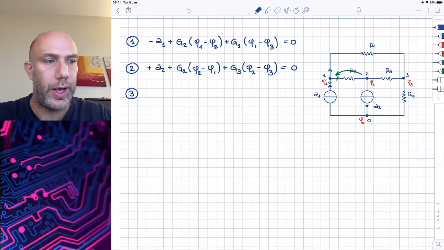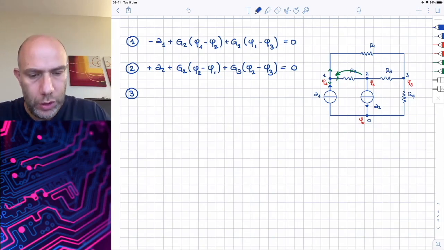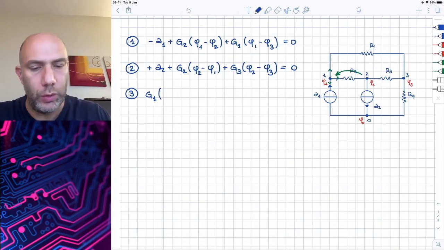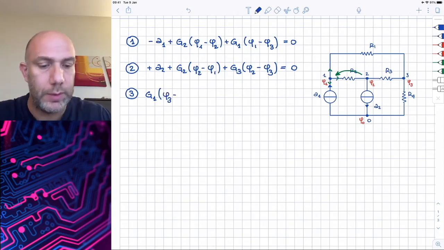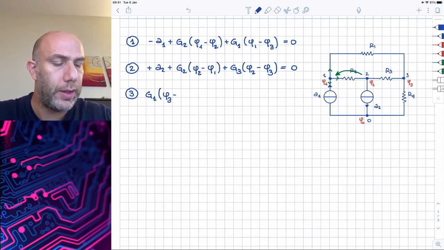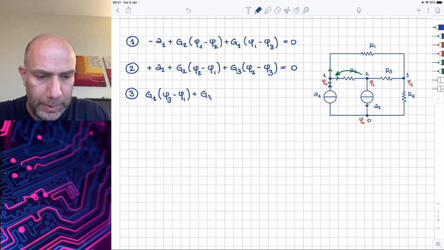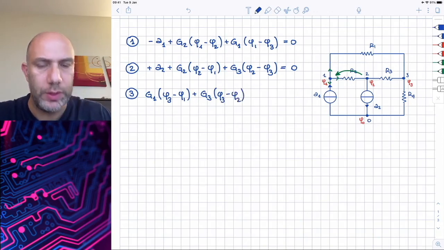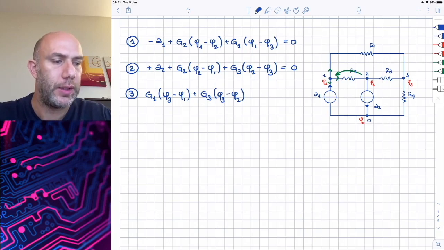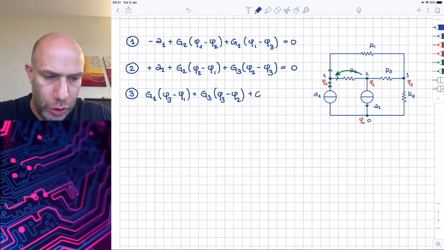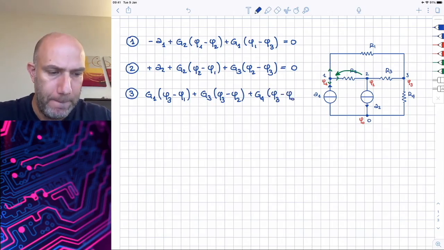Here we don't have any current generator, so we can write this equation as G1, for resistor 1, that multiplies the potential of the node 3, phi 3, minus the potential of the other node of resistor 1, phi 1, plus G3, phi 3 minus phi 2, because these are the potentials across the resistance R3, and finally plus G4, phi 3 minus phi 0, and this equals 0.